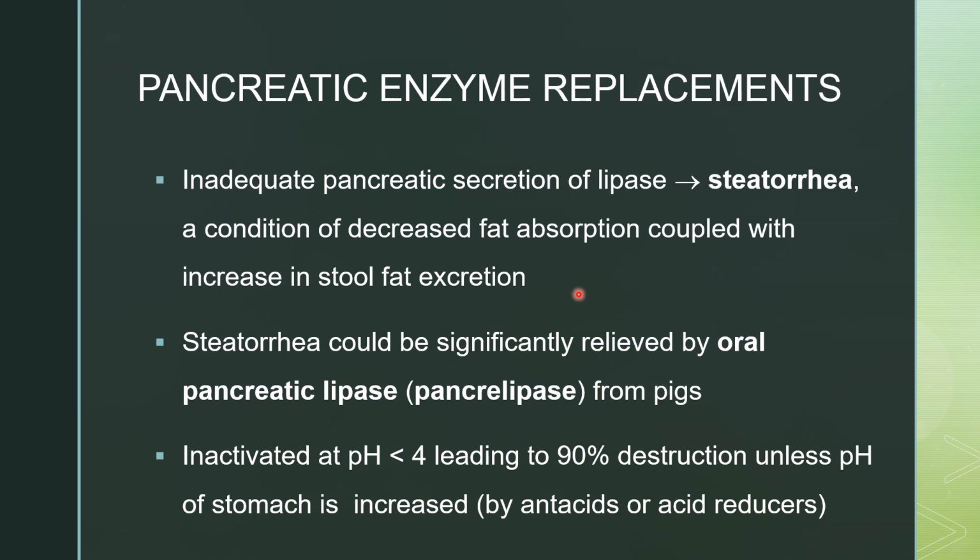This steatorrhea could be significantly relieved by oral pancreatic lipase, otherwise called pancrelipase, which is extracted from pigs. This pancreatic lipase is inactivated by a very acidic pH if the pH is less than 4. It leads to 90% destruction of your pancrelipase unless you make the stomach more basic by the use of your antacids or your acid reducers.